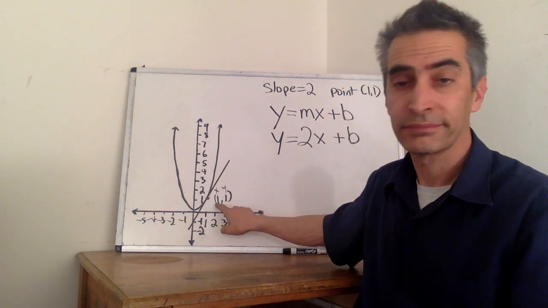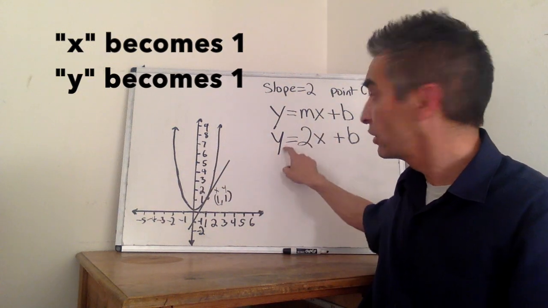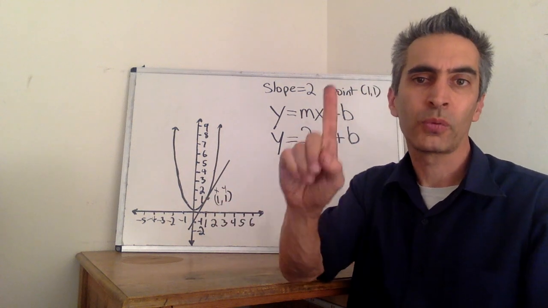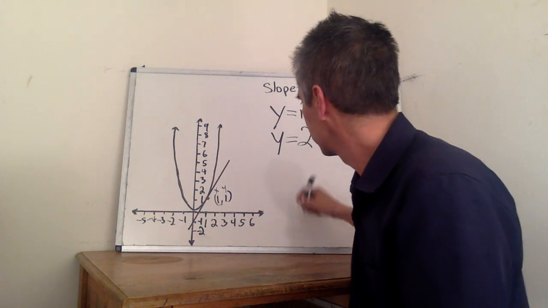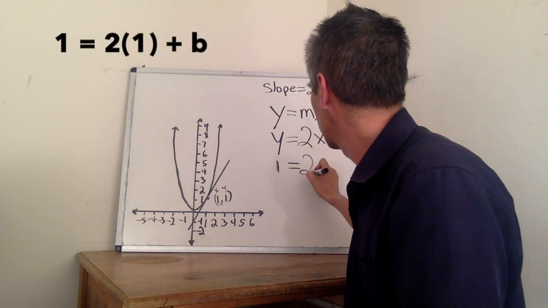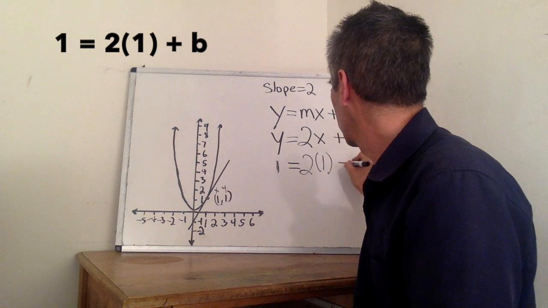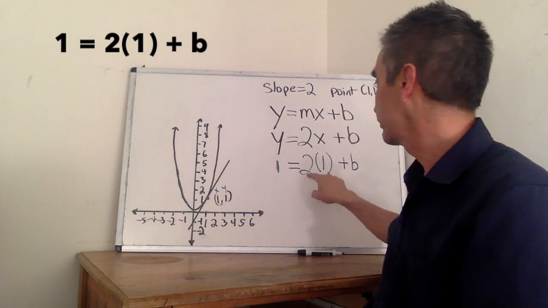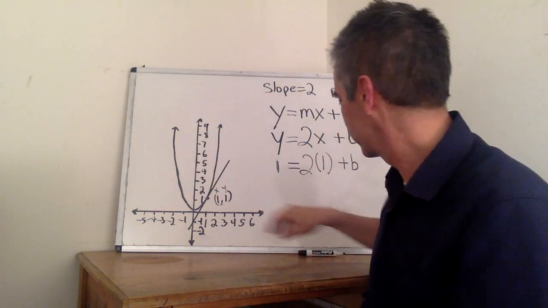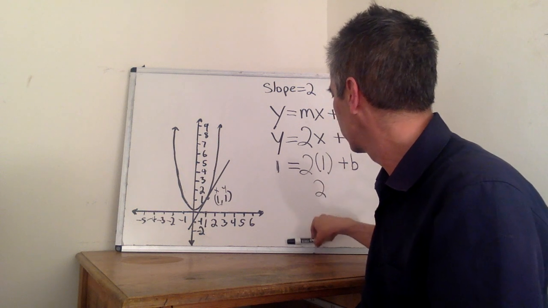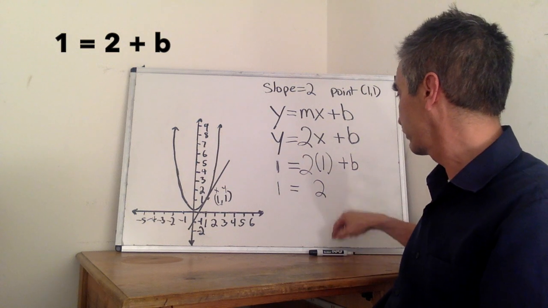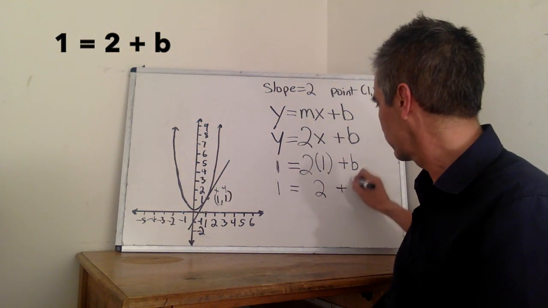The x becomes a 1, and the y becomes a 1 as well. 2 times 1 equals 2. And bring down the b.